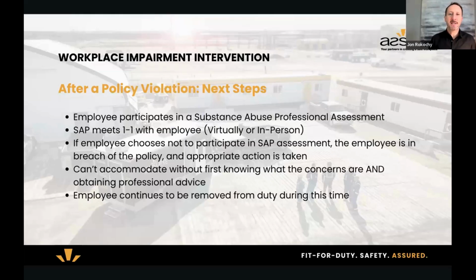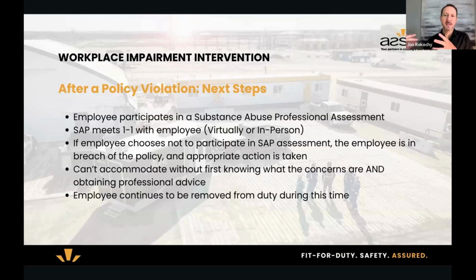A substance abuse professional assessment is where you'd phone us and say, we need an employee booked in for a SAP assessment. We would schedule that for you with one of our SAPs. I think 99% of them now are done virtually. You'd give us the contact info for the employee and we'd set it up for you.